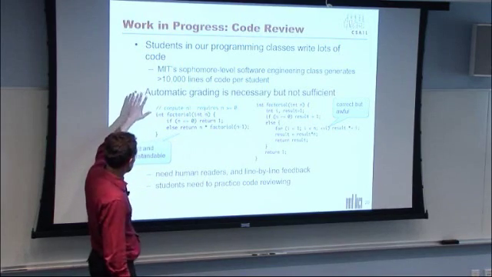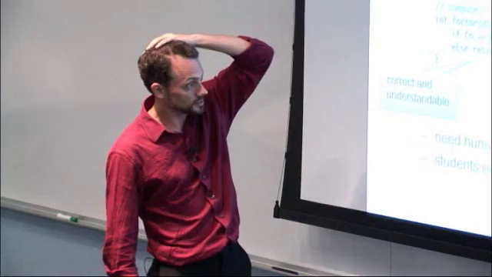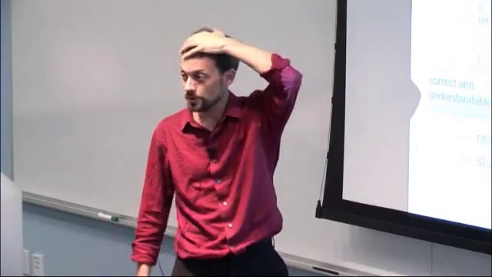This system is a code reviewing system that we're using now in MIT programming classes, where we assign students thousands and thousands of lines of code to write, and we don't have the staff resources to actually read most of that code, and certainly not in a timely fashion. So they hand in a programming assignment, and they may not get feedback from their grader before the next programming assignment is due, and then they haven't had a chance to improve.